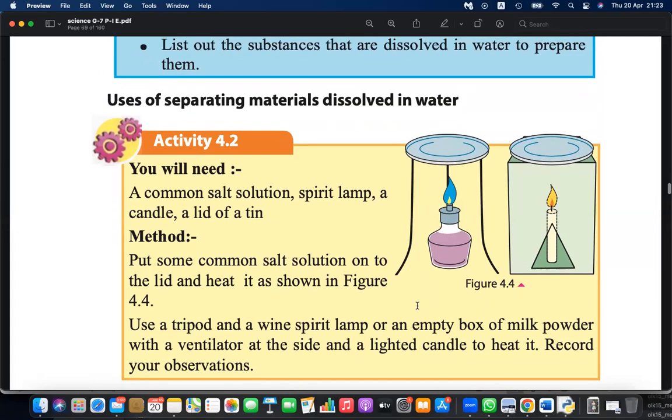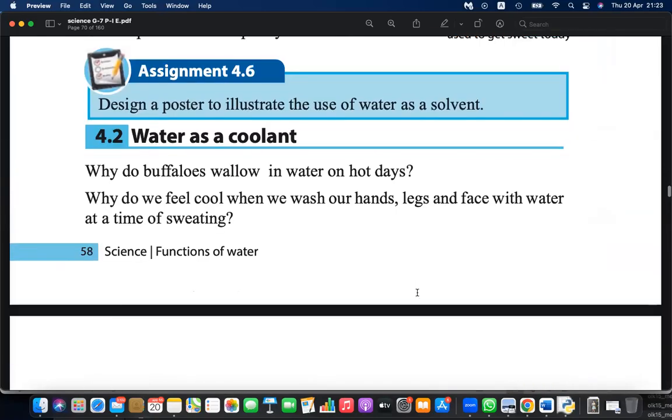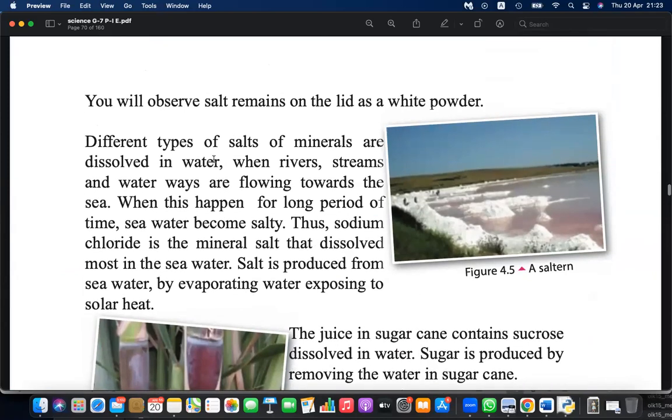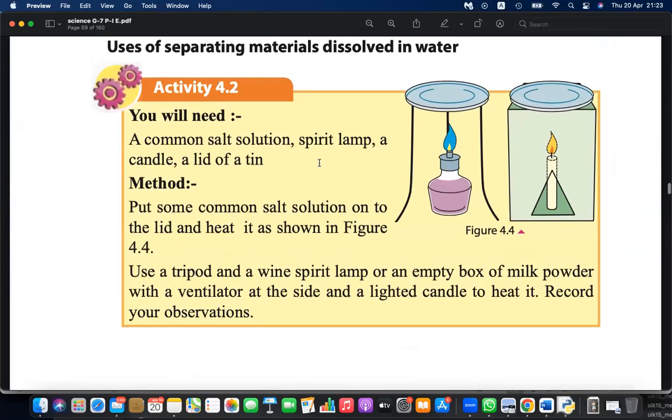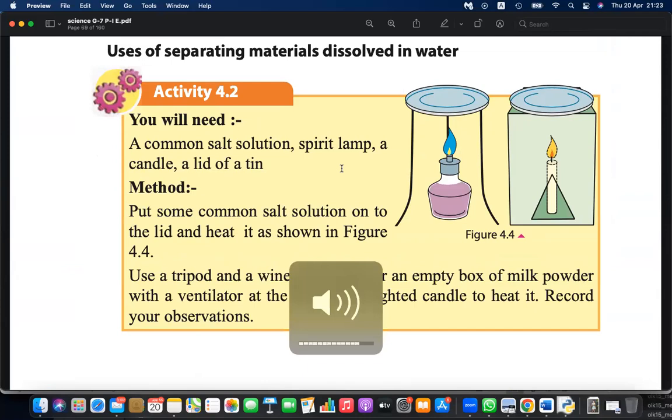So this is activity 4.2, the last activity that we need to discuss. After that, we can move to the coolant part and also basically salt, different types of salt minerals. A common salt solution, spirit lamp and candle are needed for this practical.